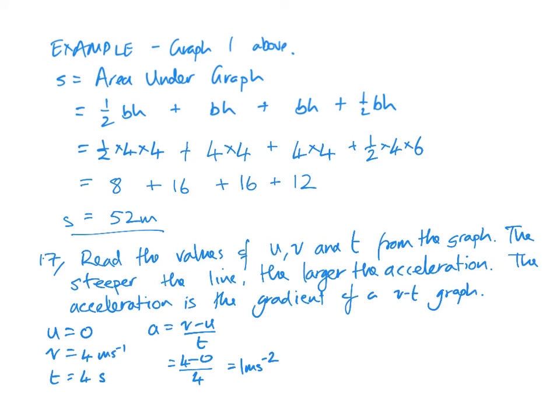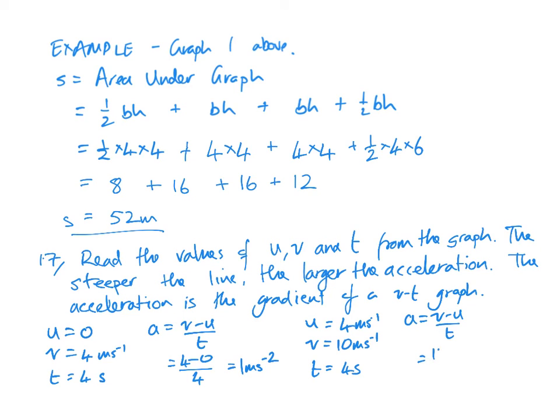And for the second section, the middle section was constant velocity, so its acceleration was 0. For the third section, it started at 4 and ended up at 10. And in this example, it took 4 seconds to reach that. So once again, a equals v minus u over t.